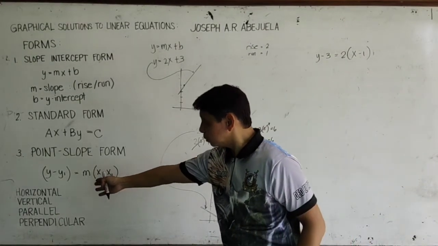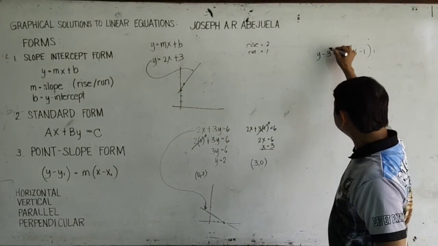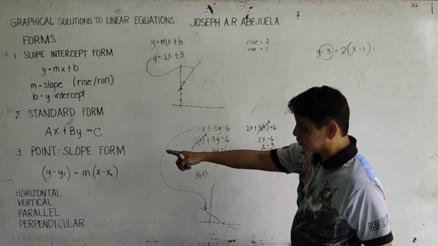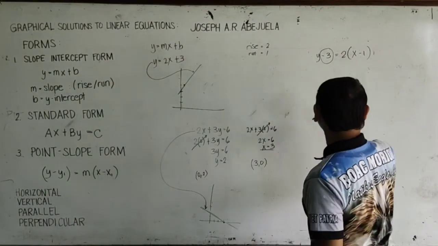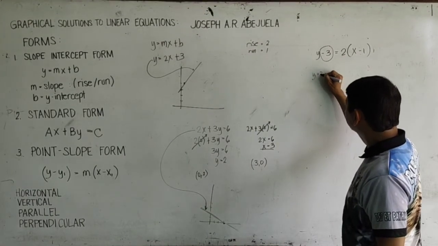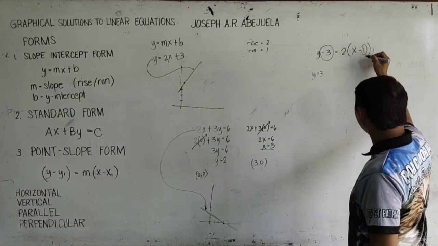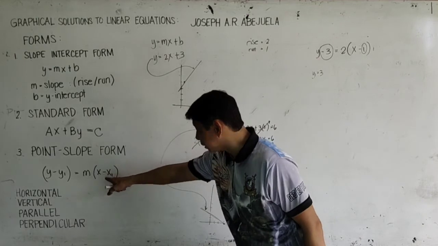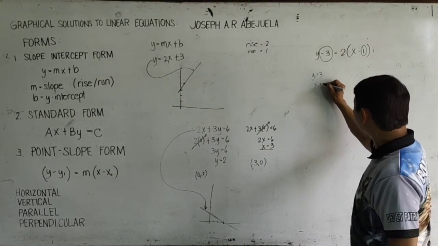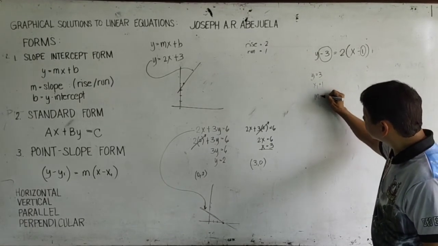Having this form, y minus 3, this is not negative 3 because this is a negative sign. Therefore, y1 is equal to 3. And x1, since this is also negative, this would be positive, x1 equals 1. And the slope is 2.